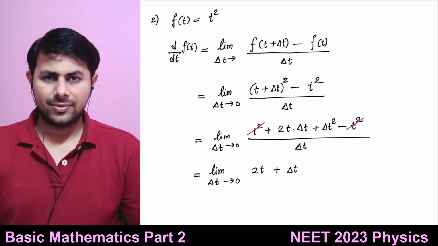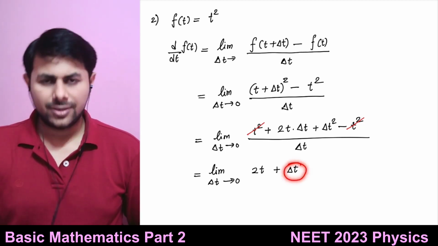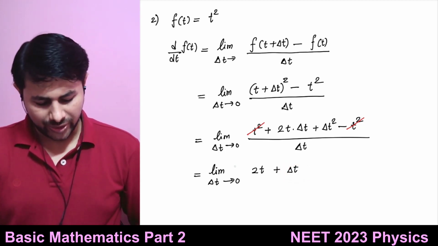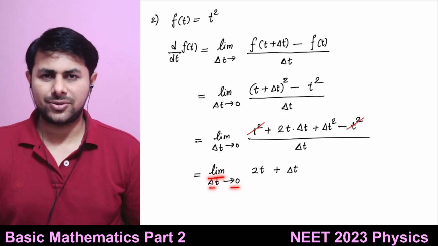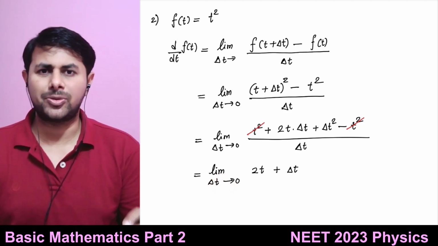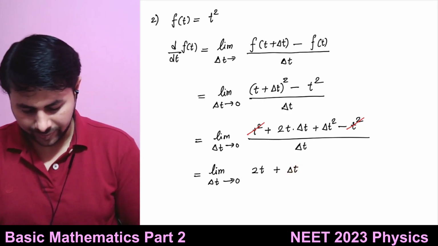And then this delta t is very small. That's what we are saying when we write limit delta t tends to 0. It means that delta t is very small, almost approaches 0. So we'll neglect this.